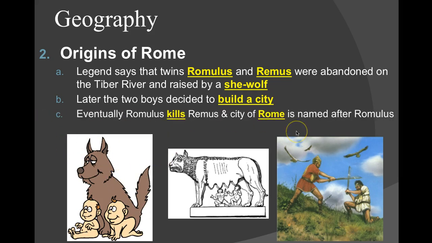And one of the brothers, Romulus, supposedly, according to this myth, killed his twin brother, Remus. And that city that Romulus built was named after himself. So Rome, you can see if you look at his name and then compare it to the name of the city, Rome, it's pretty obvious what the connection is.